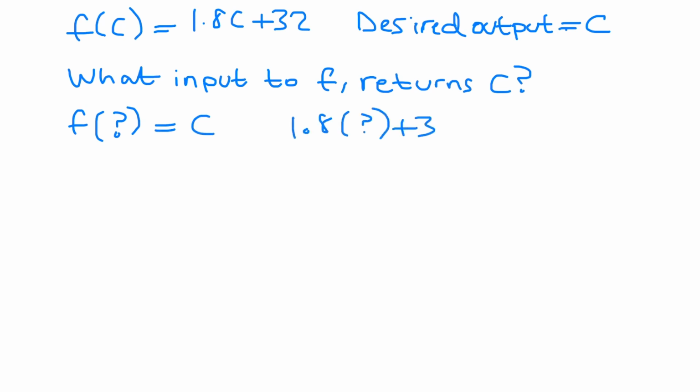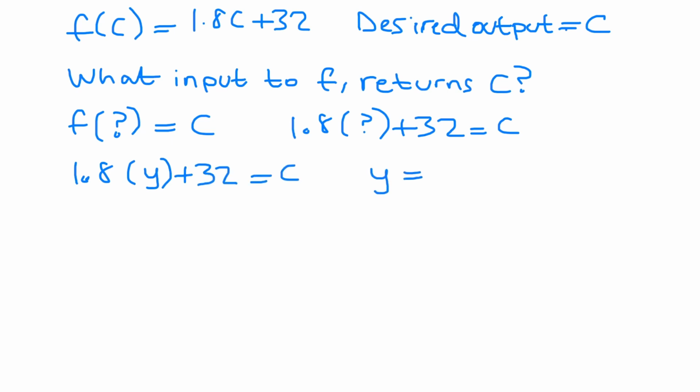So f is 1.8 times this question mark plus 32 equals C. We'll replace this question mark with a y. So we have 1.8y plus 32 equals C. And we now rearrange to find the value of y, which is (C minus 32) over 1.8.